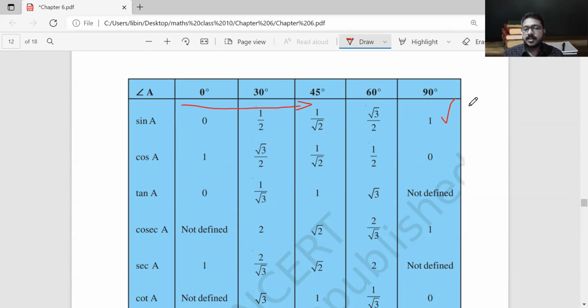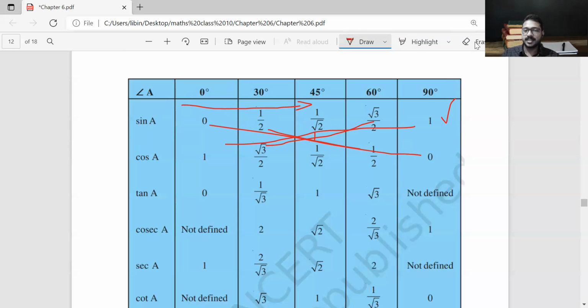But look at cos A. Actually, the value of cos A is the value of sin A reversed. Look, the values of cos A are just written in the reverse order. See, 1 is here, then root 3 by 2 is here, 1 by root 2 remains the same, then 1 by 2 comes here, and then 0 comes here.